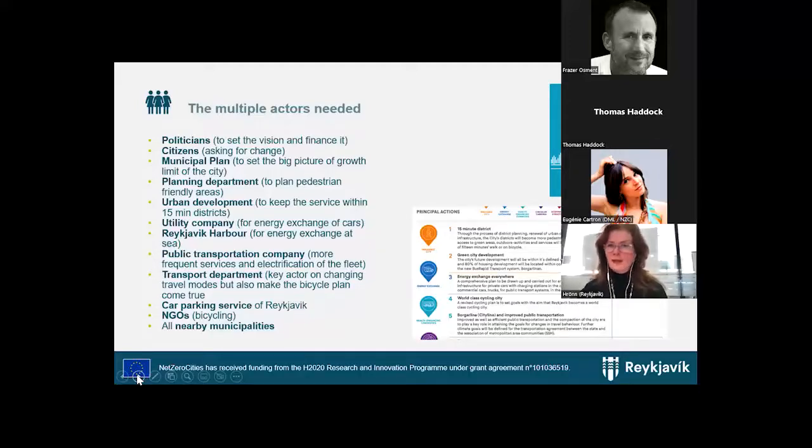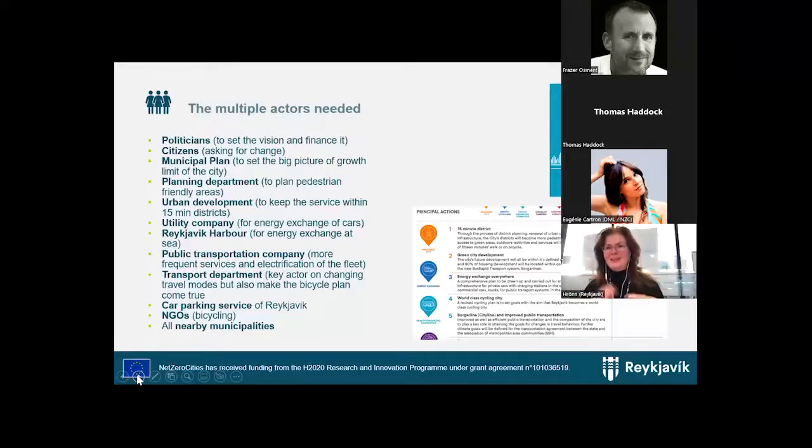And we have our daughter company, the utility company for electricity and so on. They are so important in the energy exchange of cars within Reykjavik City and also of the public transport system as well. Then we have the Reykjavik Harbor for energy exchange at sea.